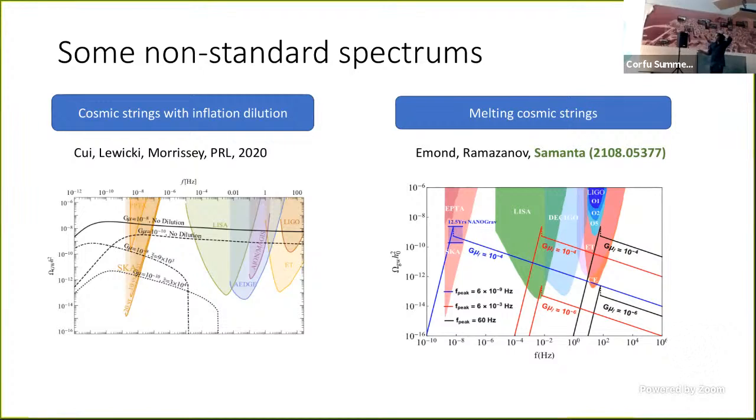And we recently probed these kinds of scenarios, which are melting strings, with Sabir who is here, where the vacuum expectation value is temperature dependent, typically goes as T squared, and therefore you change the spectral shape. The spectral shape is not flat. So these are some non-standard spectra.